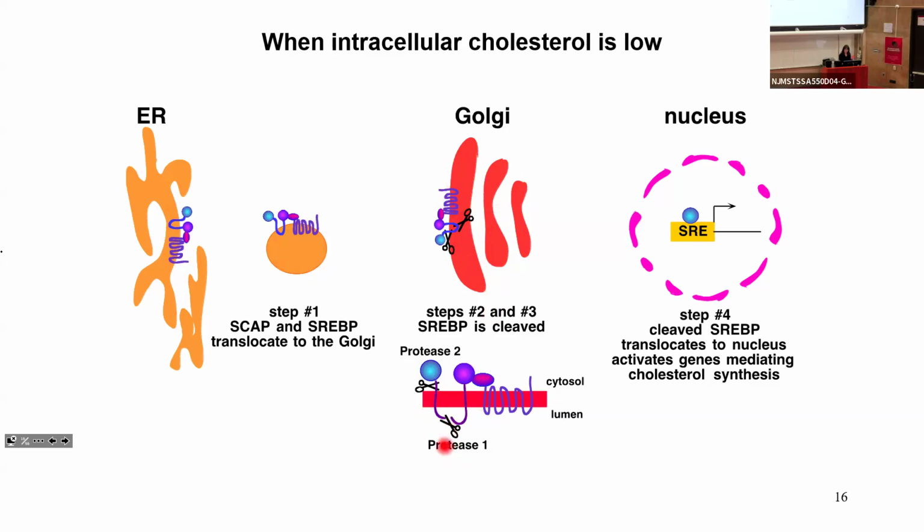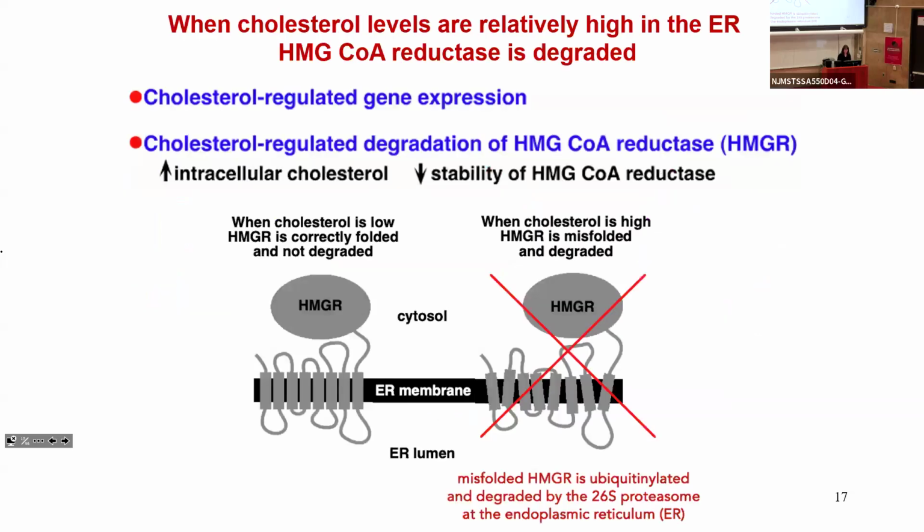Now there are these two clipping events that happen here. It makes sense. The first one happens in the lumen of the Golgi, and the second one happens outside in the cytosol, so that now this blue SREBP transcription factor can go to the nucleus and activate transcription here. Okay, so that's transcriptional regulation.